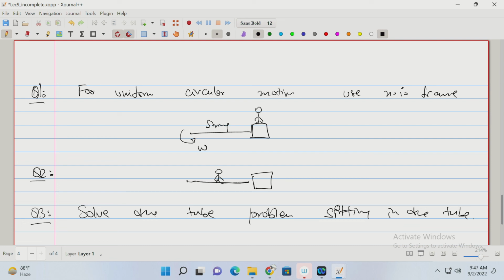So you either want to sit on the particle or you want to sit in the tube. You can decide how far away from the center you want to sit. You can always choose a frame that moves with the particle, and you will see that sitting on the particle is going to be more comfortable in terms of using the ideas of non-inertial frames. But you try to do this yourself. I will put the answers to this in the slide for today, and then you can have a look at it.